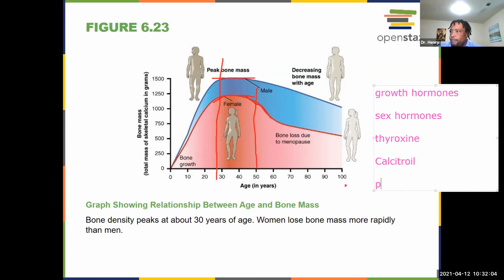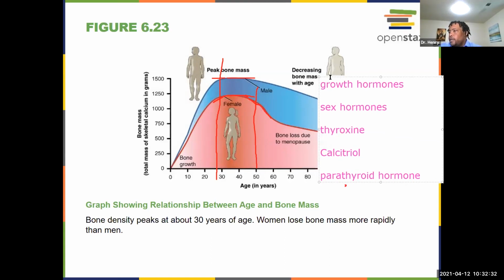And then we have parathyroid hormone. So this guy, the parathyroid hormone, stimulates the proliferation of your osteoclasts, which are responsible for resorption of bone.